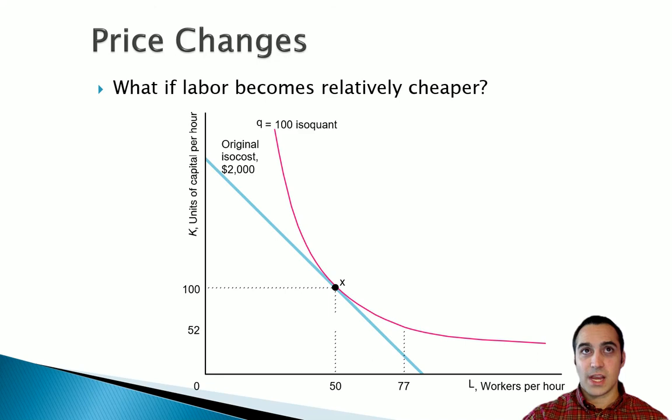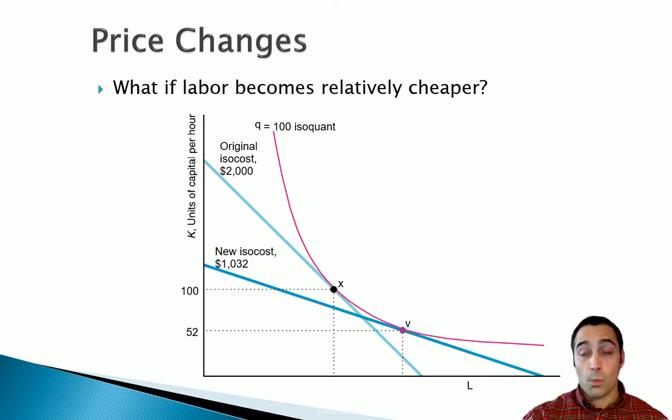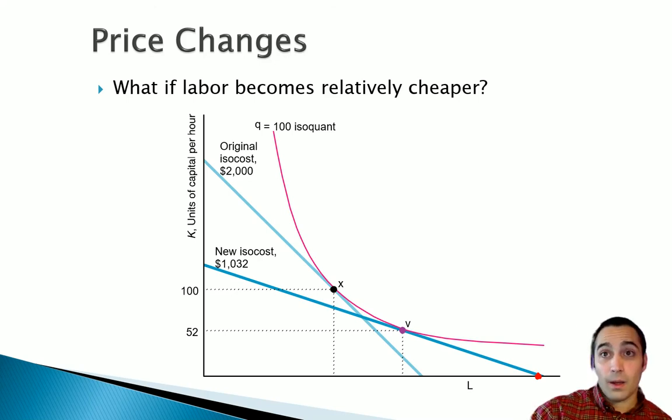Next, how did things change? Well, let's look at this graph. Imagine that labor became cheaper. How would our graph change? Well, you'll note if labor became cheaper, the quantity of labor we could buy, if we bought only labor, would go up. And if we compensated ourselves to remain on the isoquant, like we did when we were doing the compensating differentials kind of stuff, we could also assume that, hey, maybe our capital got more expensive too, right?